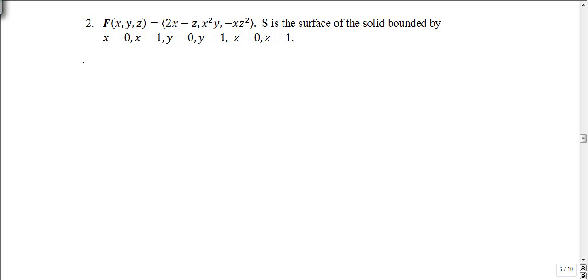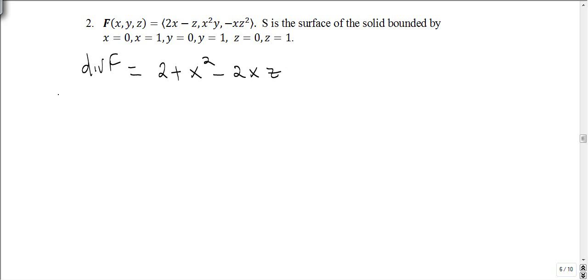Div F. So I'm not going to write out the formula again. So you tell me, what is partial P with respect to x? 2. Plus what's partial Q with respect to y? X squared. Partial R with respect to z? Negative 2xz.